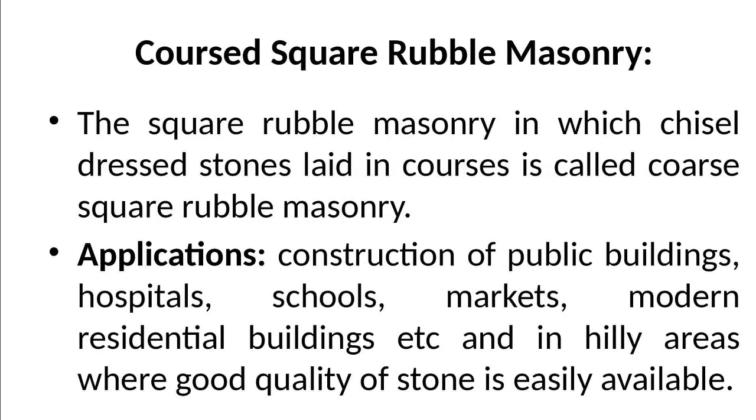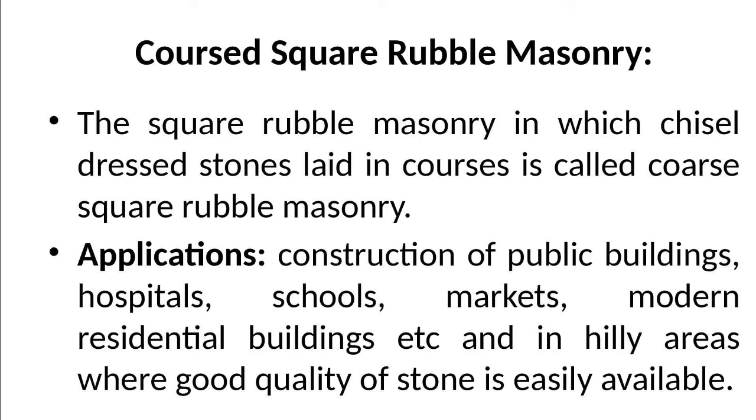First one, coursed squared rubble masonry, in which chisel dressed stones are laid in courses. This is the superior variety of rubble masonry. It consists of stones which are squared on all joints and laid in courses.